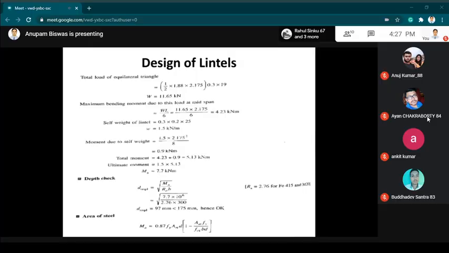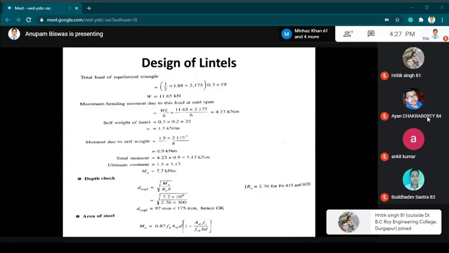So we get the value of W as 11.65 kilonewton. Okay. Now the maximum bending moment at the midspan is WL by 6. Using this, we find the bending moment required for the dead load.